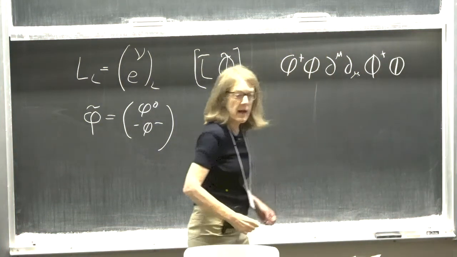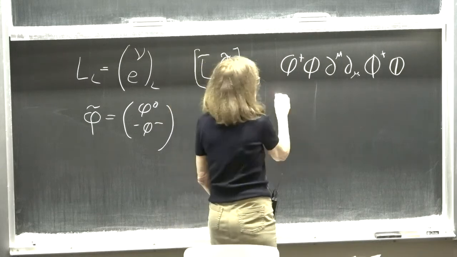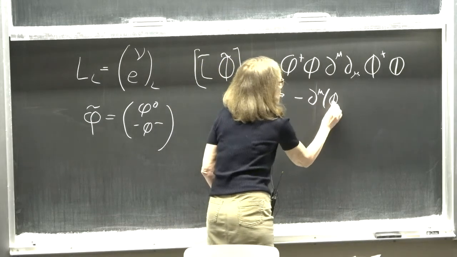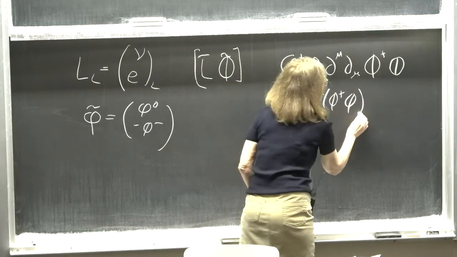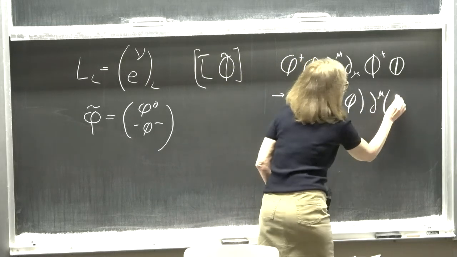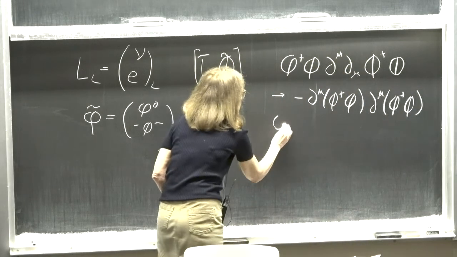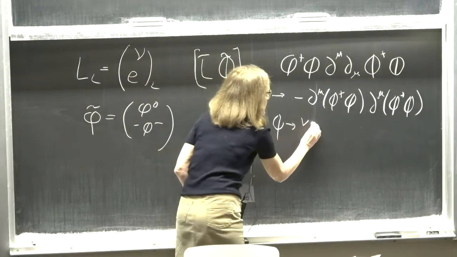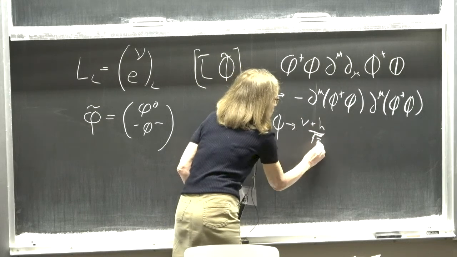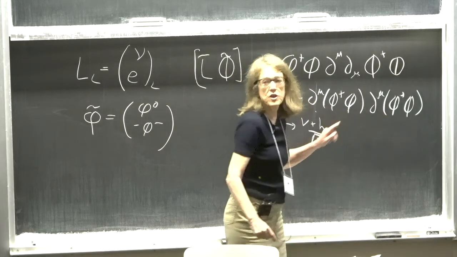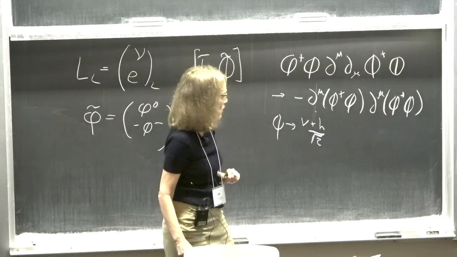That's the C_H box term. I can integrate by parts, and this goes to minus D_mu (phi dagger phi) D^mu (phi dagger phi). And then when I take phi goes to (v plus h) over the square root of 2, you can see that there's going to be a correction to the kinetic energy term from this guy also with the minus sign.